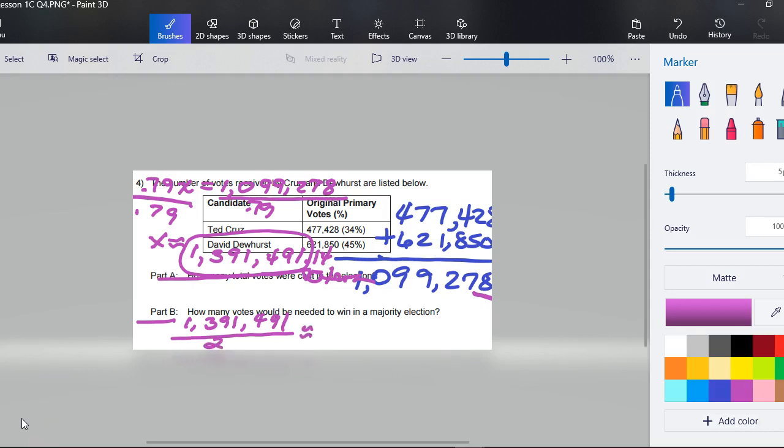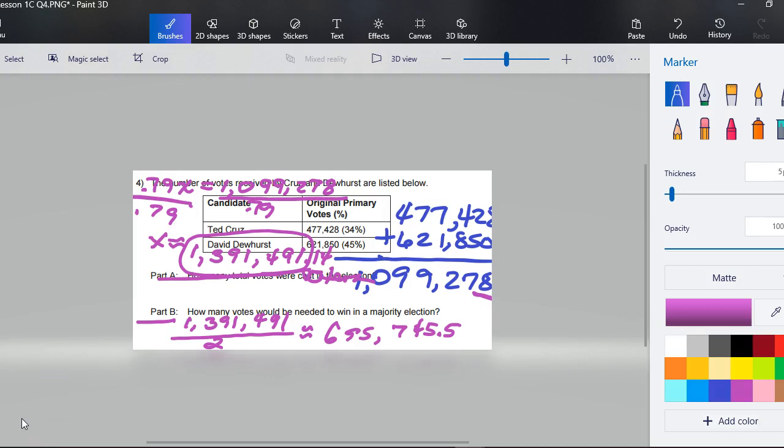And when I divide that number by 2, I'm getting 695,745.5. And if we're talking about to win a majority of an election, it can't be exactly half. It's got to be just over half.